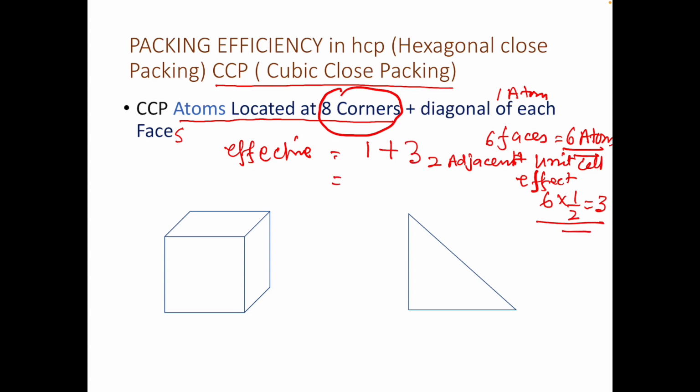So in all, 4 atoms are effectively present in cubic close packing.